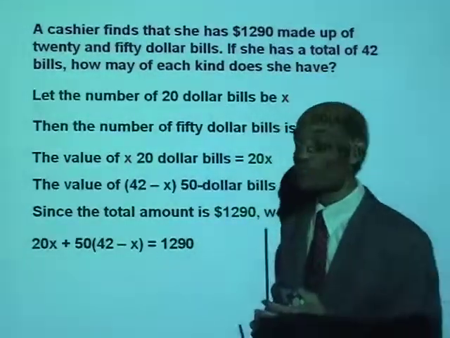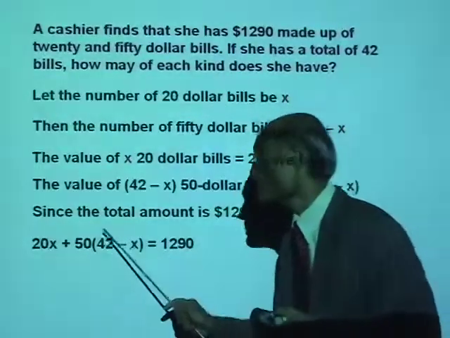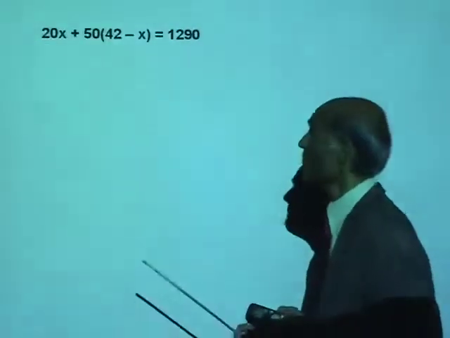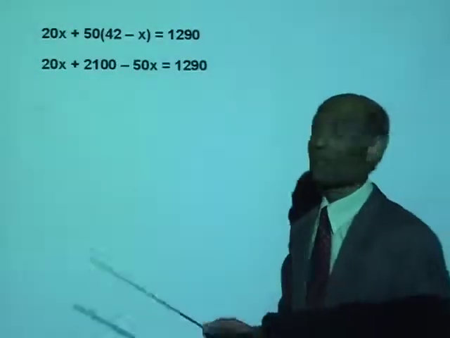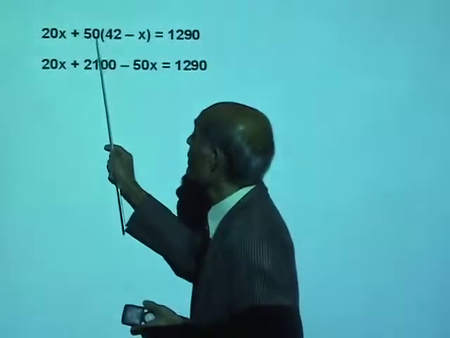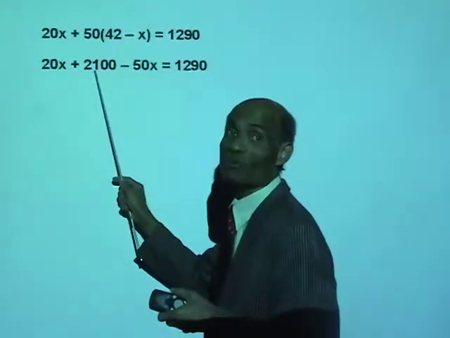What is the first thing to do to solve an equation like this? Well, obviously, you need to distribute that 50. Distribute the 50. Let's do that in here. What is 50 times 42? 50 times 42 is 2,100.